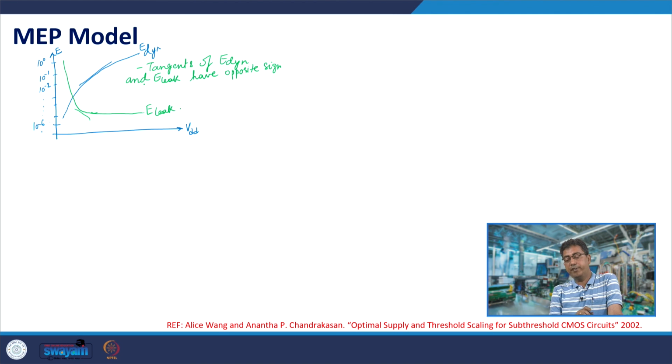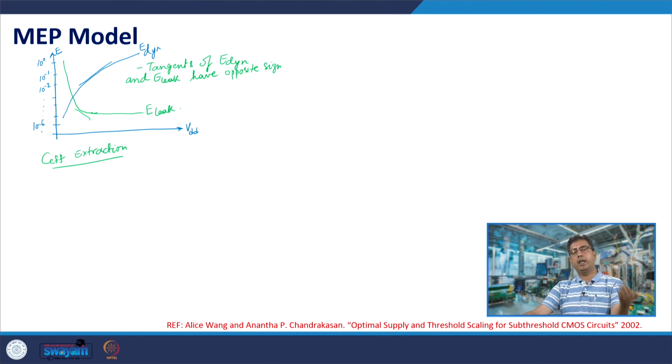Now, how would we find out C effective and W effective? Extraction of C effective: for a given circuit or system, we would run the circuit over a long period and with a given frequency. In that case, on an average, all the capacitances which switch would get charged and discharged in one cycle time.